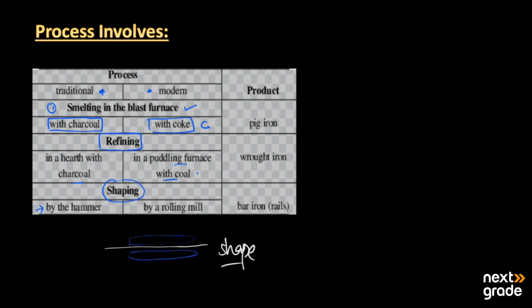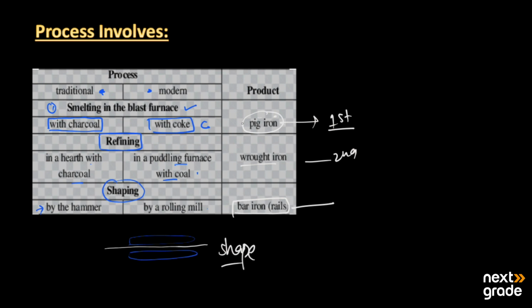So in the modern and traditional, the products are first the pig iron, which is the first form of iron. Then we have the wrought iron, which is the second one, and the last one is the bar iron rails that we gain from this process. So in the smelting in the blast furnace with the help of charcoal and coke, we gain the pig iron.